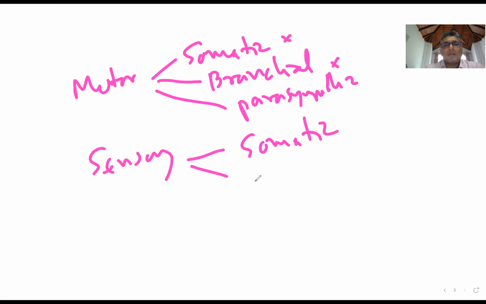Then you have visceral, which is in relation to the internal organs. If you take the tongue or any other internal organ like blood vessels, the sensations you get are visceral. Then when it comes to the head region, the other issue is you get special sensations.